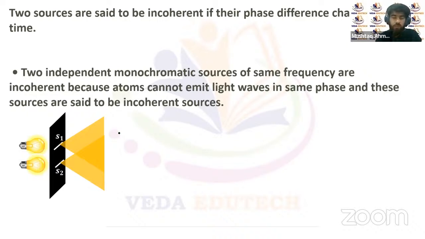So the frequency of the light emitted by the atoms will vary from transition to transition. Those waves will be called incoherent waves. So generally we have incoherent sources of light.